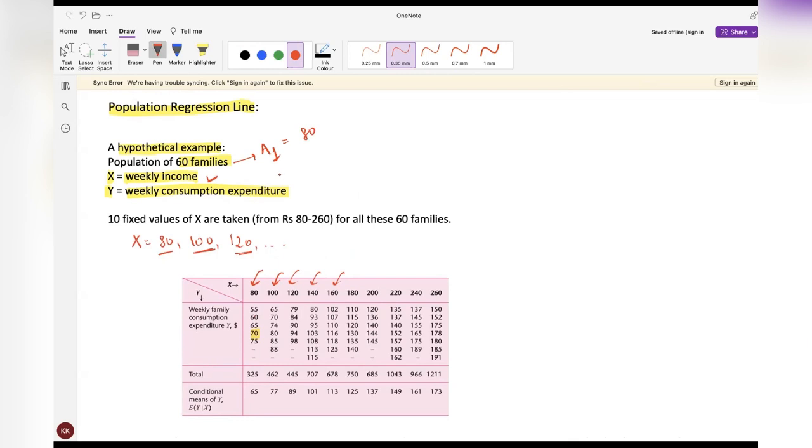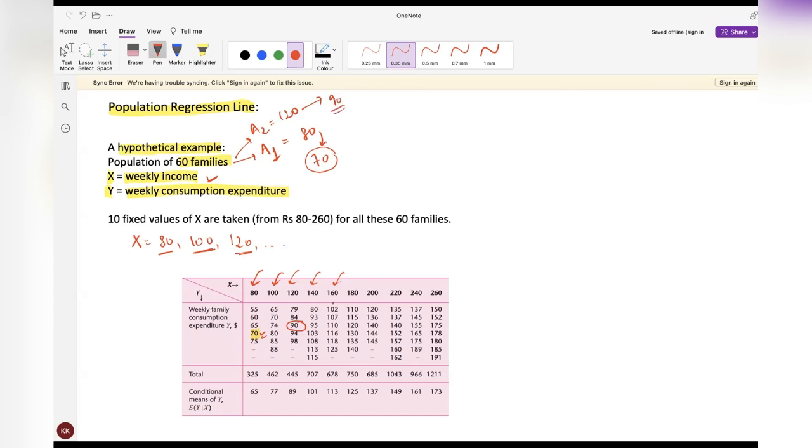We go and ask them, what is your weekly consumption expenditure? And they tell us that their weekly consumption expenditure is 70 rupees. And that is what this Y depicts. Again, if we pick up this 90 here, we have another family, A2, which is earning a weekly income of 120. And on the basis of their weekly income, their weekly consumption expenditure is 90 rupees, right?